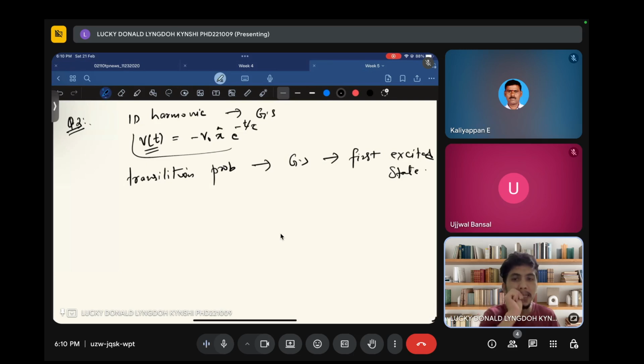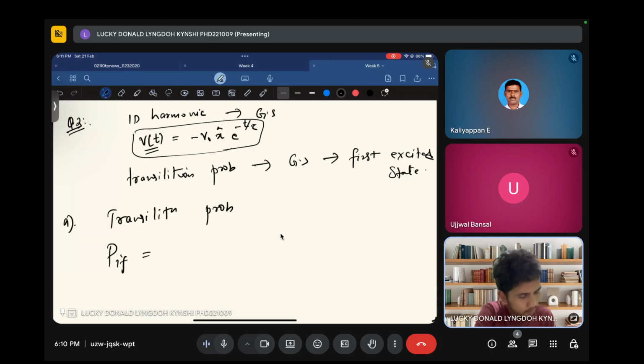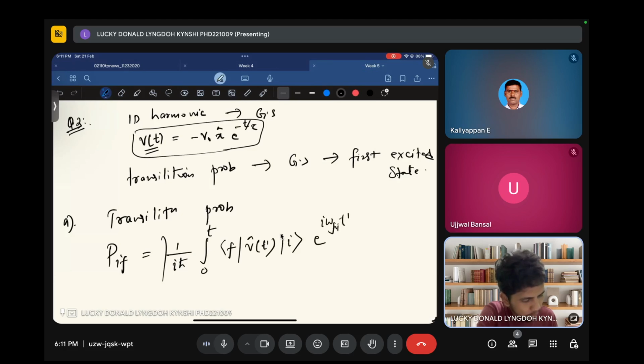The initial state of the system is the ground state, and you find the probability that the system will go from the ground state to the first excited state because of this potential V(t). So your transition probability P_if will be (1/iħ) ∫ from 0 to t ⟨f|V(t')|i⟩ e^(iω_fi t') dt', whole squared.